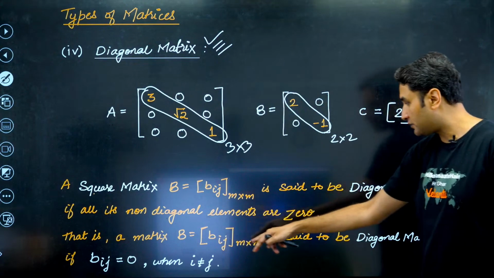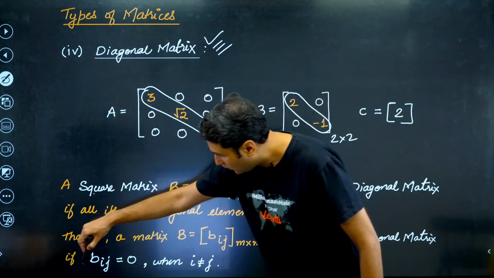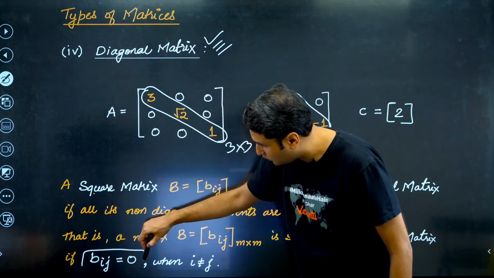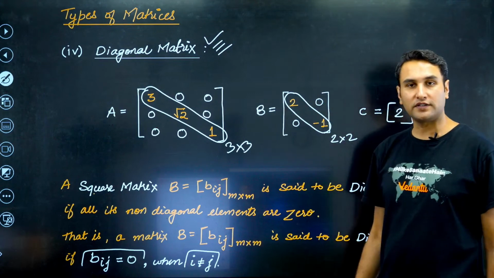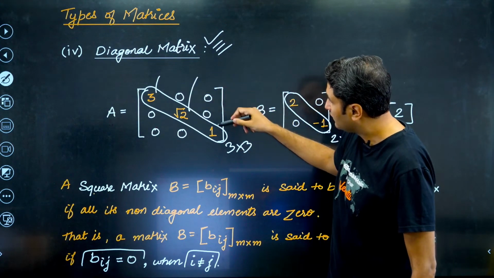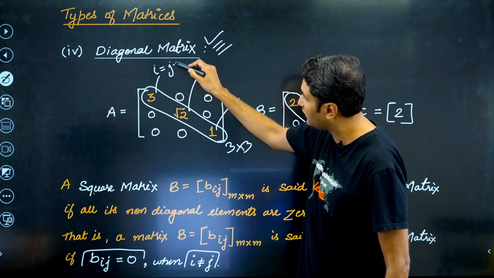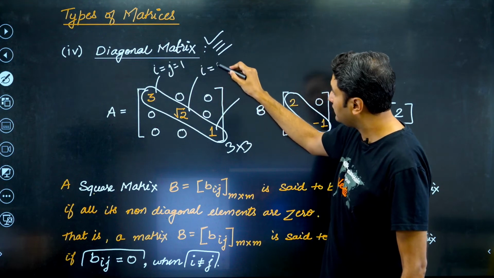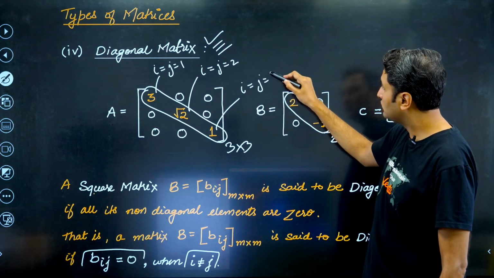That is, matrix B is said to be a diagonal matrix if Bij is 0 for which i is not equal to j. Did you understand? These are the elements where i and j are equal. So in this, i and j are equal to 1, i and j are equal to 2, i and j are equal to 3.